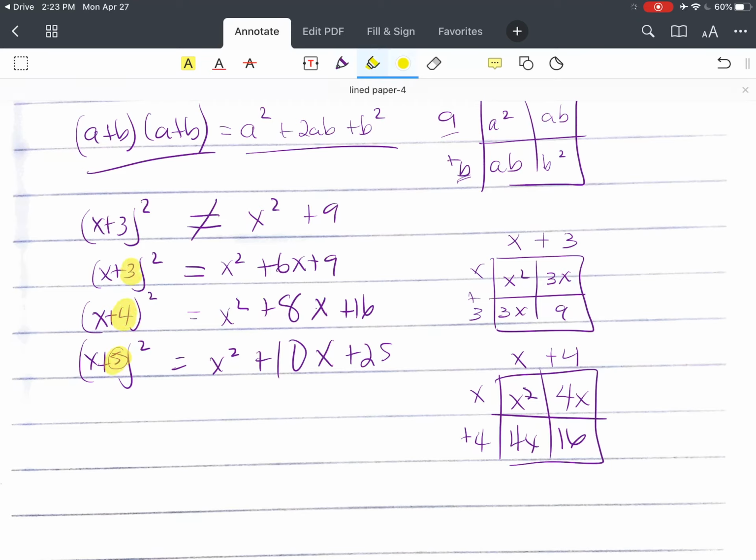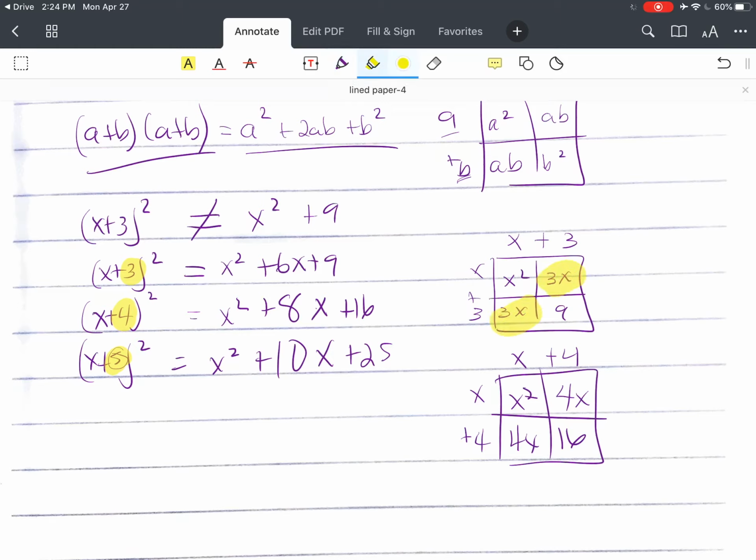Okay, hopefully you said, well, you take this number here, I'll highlight the numbers, and you just double it. And if that's what you said, or if you were thinking about adding it to itself, you're absolutely right.